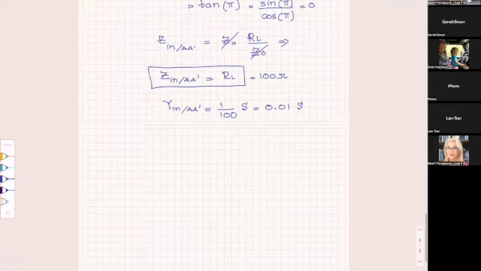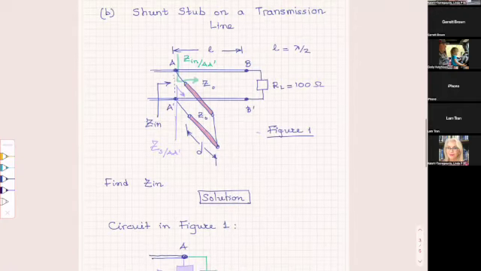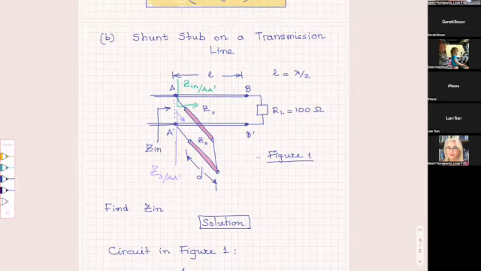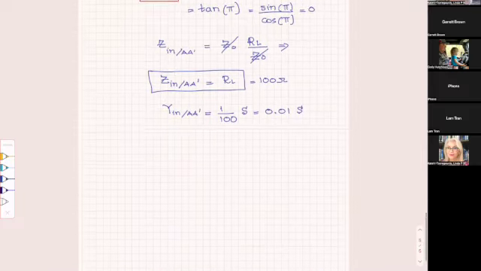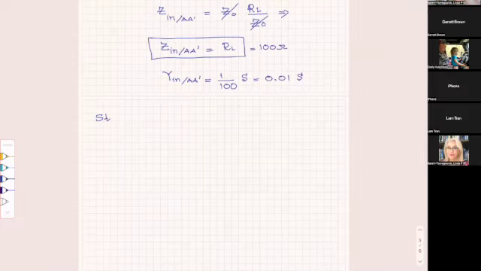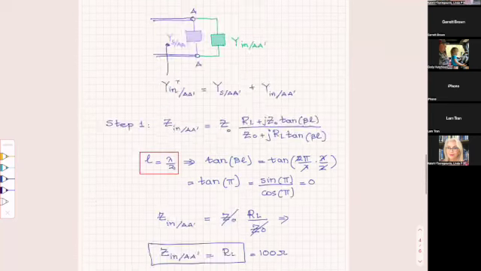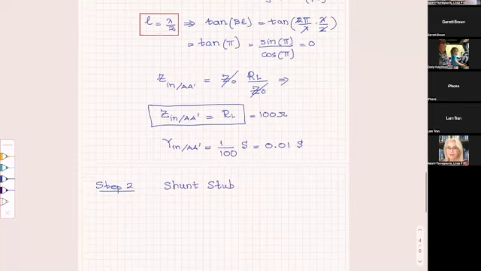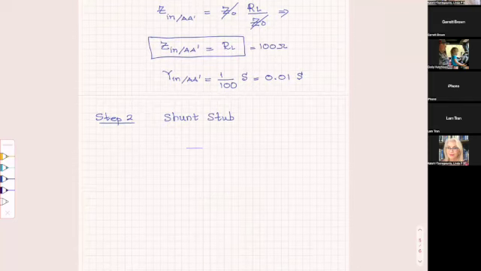All right, now let's try to find Z sub S at A prime. It's the same thing. It's a line. You can think of the stub as a transmission line with characteristic impedance Z0, which has a short at the end. So now what that means, step 2, the shunt stub looks like this. It is a section of a line.